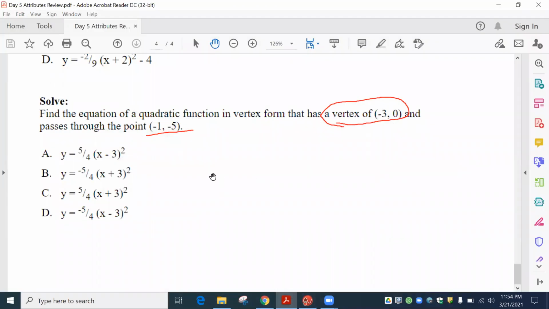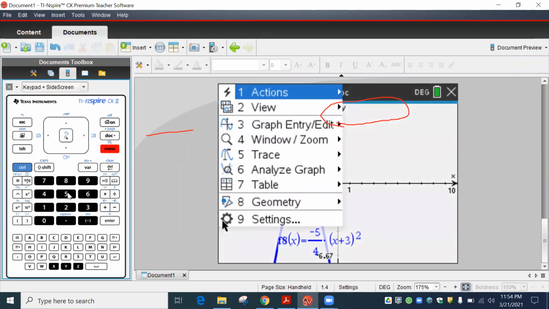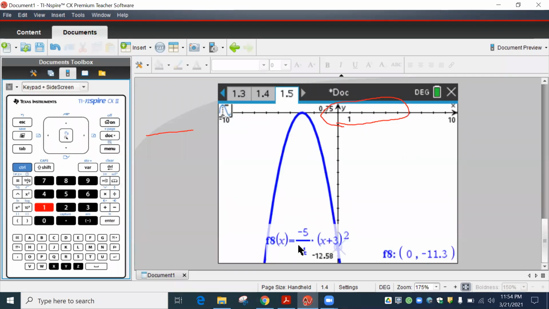That's why the y was 0 right there. Okay, so we're going to hit enter. Menu 5-1. And we're going to type in, so we want -3, and it needs to be -3 and 0 as my vertex, and that's what that is right there. Okay, so right now we're good.